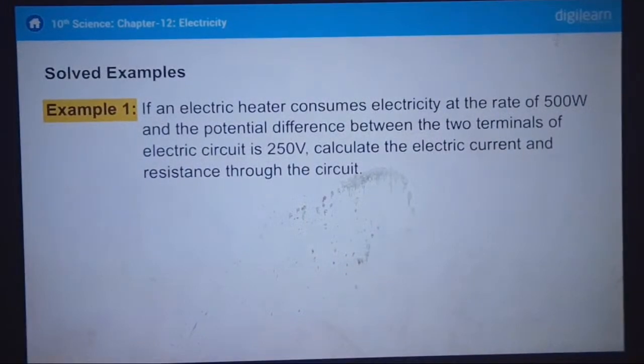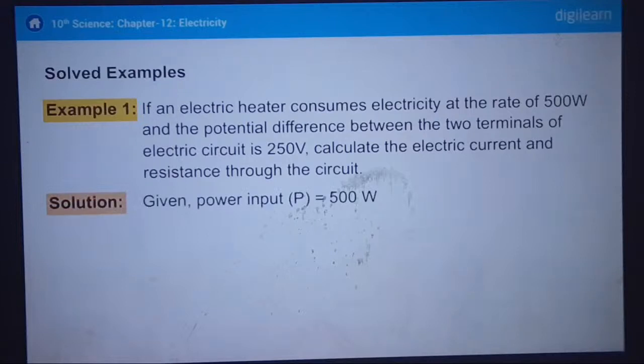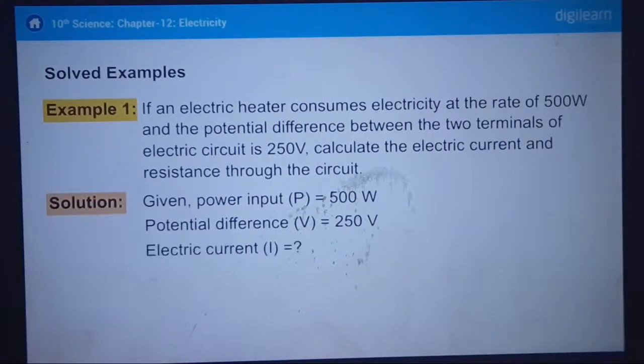Example 1. If an electric heater consumes electricity at the rate of 500 watts and the potential difference between the two terminals of the electric circuit is 250 volts, calculate the electric current and resistance through the circuit. Solution. Given power input P equals 500 watts, potential difference V equals 250 volts, electric current I to be found out, resistance R through the circuit to be found out.